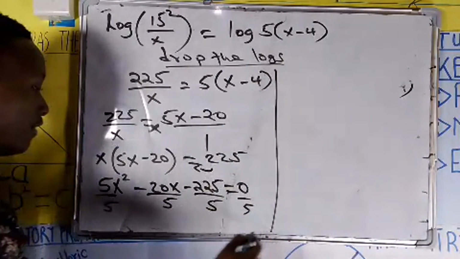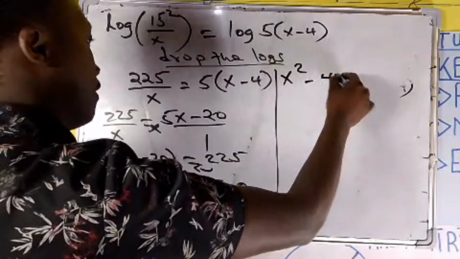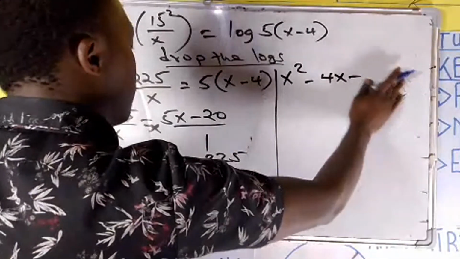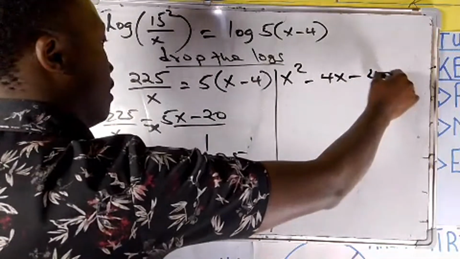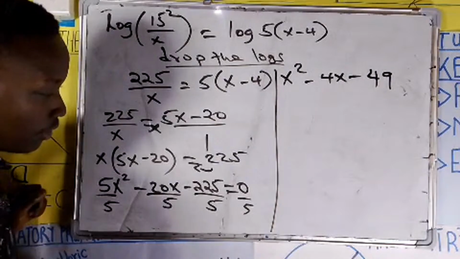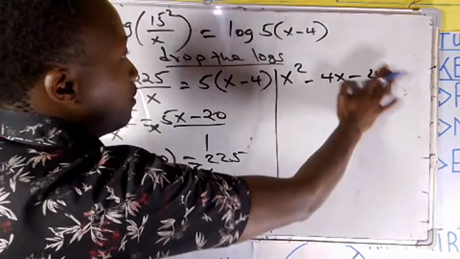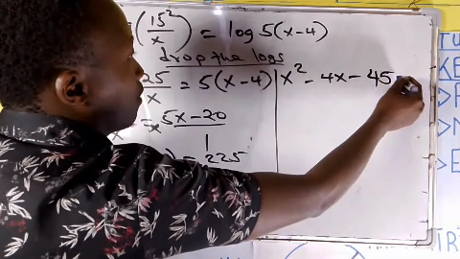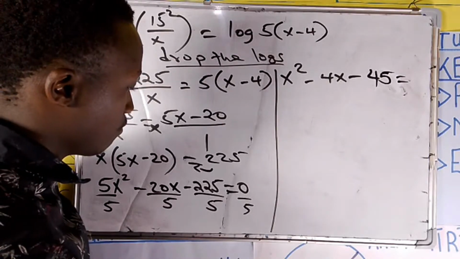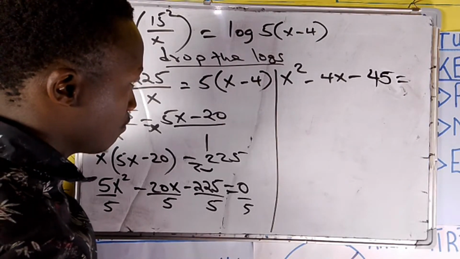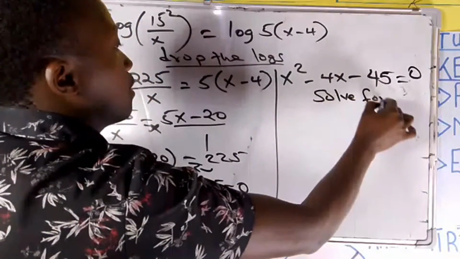And once we divide by 5, we will get x squared minus 4x minus 225 divided by 5 will be 45. Is equal to 0. Then from there you can solve for x.